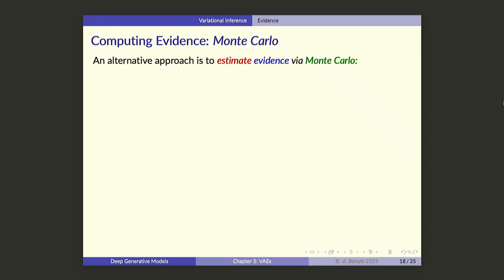So let's look at the evidence once again. This is the expression for evidence, this integral. Now, looking at this integral, forget about the conditional distribution in blue. If you look at everything remaining in green, what is that guy doing?